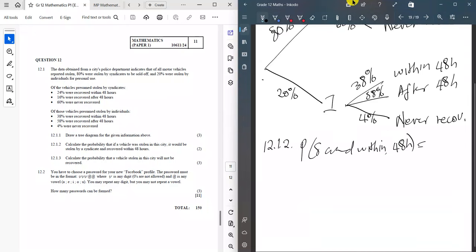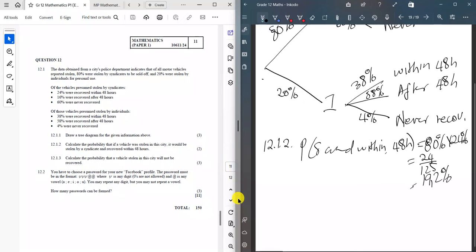It'll be 80% times 24%. So 0.8 times 0.24 gives us 24 over 125. If you like, multiplied by 100, it gives you 19.2%.